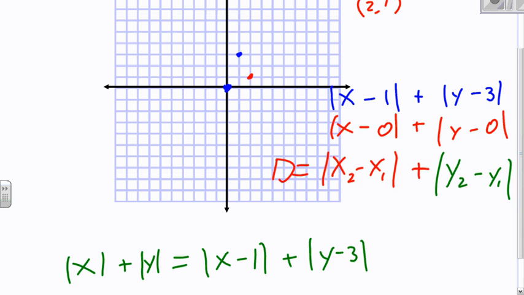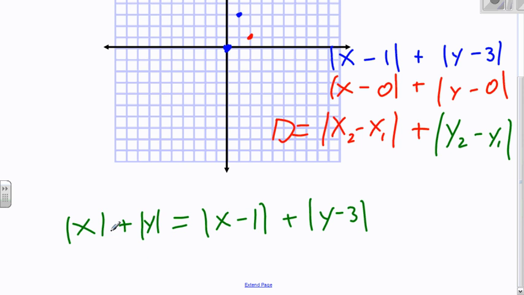So one of the things from these equations that you might be able to see is that if x is greater than 1, then the absolute value signs don't matter. You can get rid of them. We would also need y to be greater than 3 to get rid of them completely. Let's just look at x greater than 1 for right now.